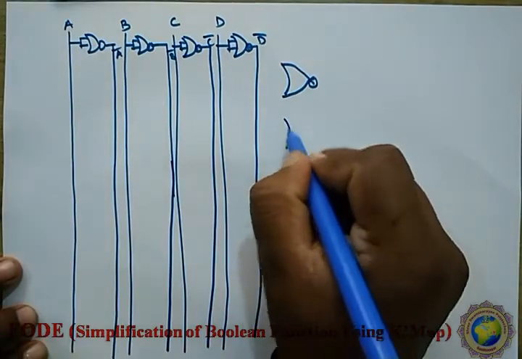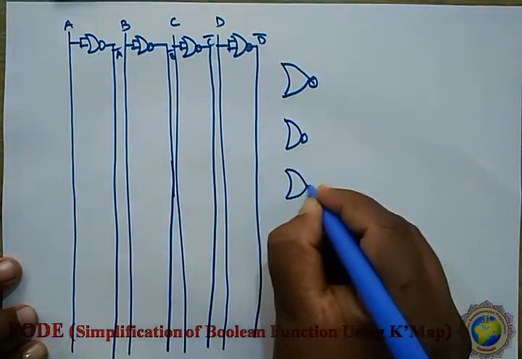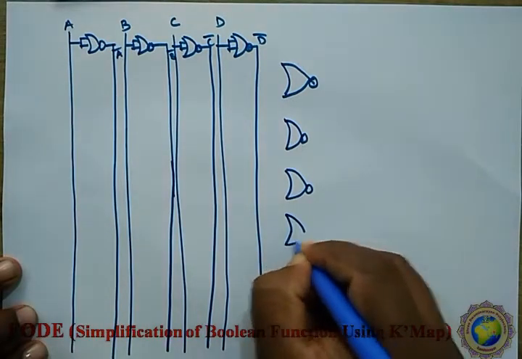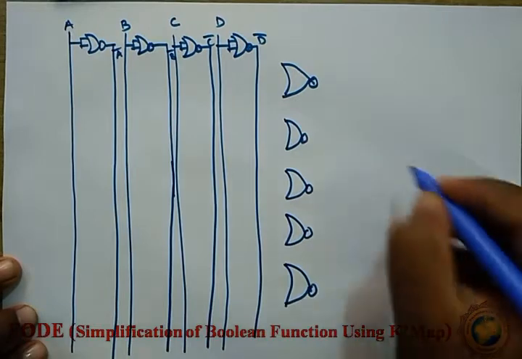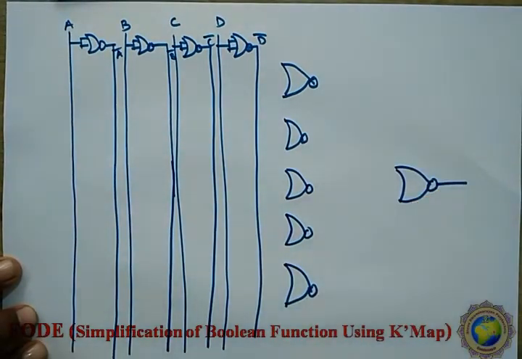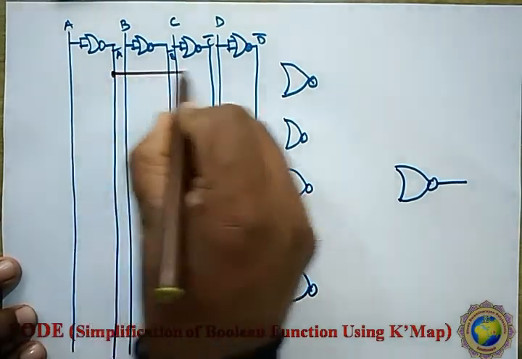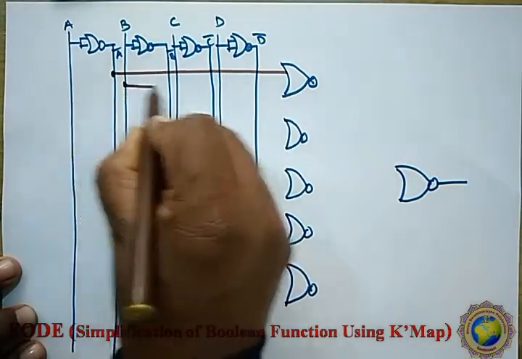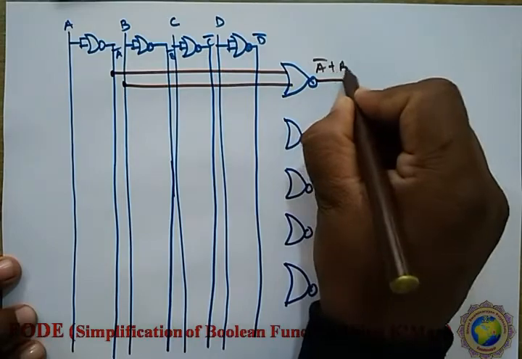1, 2, 3, 4. 1 is for the output NOR gate. Now connect. The first function is A bar plus B. So take the output from the A bar and B. So it becomes A bar plus B no bar.